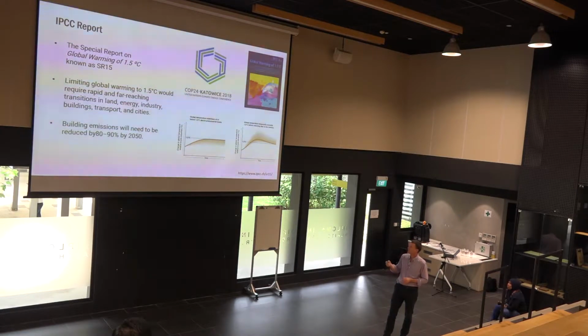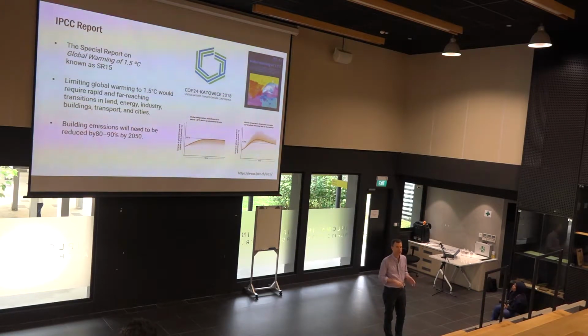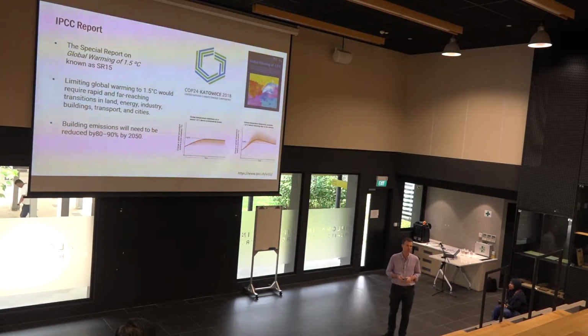But the report is really about the difference between what will happen if we keep it to 1.5 degrees, and what will happen if we go to 2 degrees. The report is written in a very positive, we-can-save-the-world way, but when you read between the lines, it's a very depressing report, because it's not very good news.